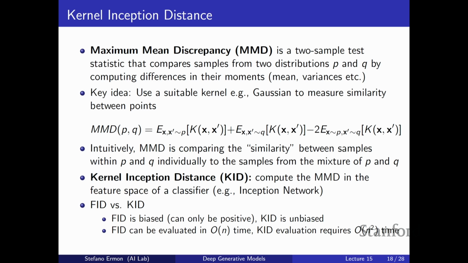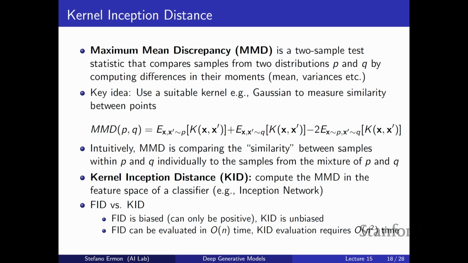So how does MMD compare the two distributions' moments? It's not obvious from this perspective, but you can think of it as mapping the samples into the reproducing kernel Hilbert space of the kernel.